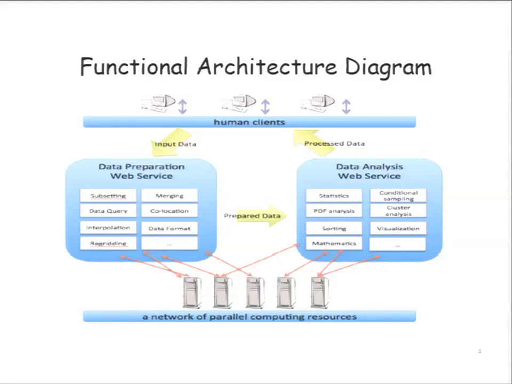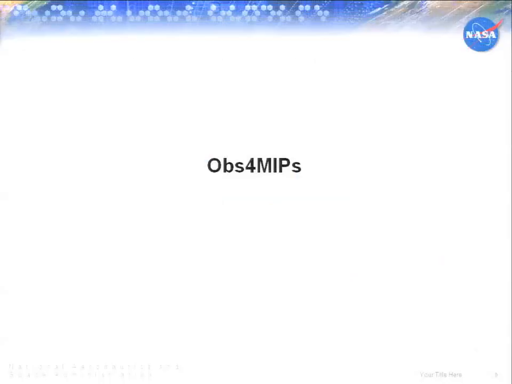On the right-hand side is the new big data paradigm, where we want to analyze the data with some additional tools. So we are basically building this type of architecture.